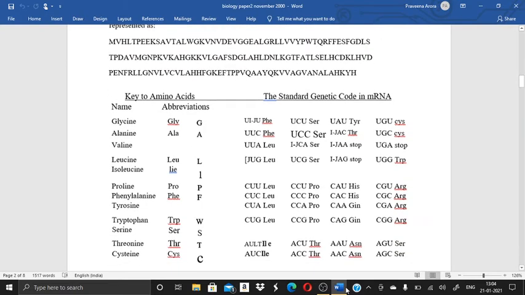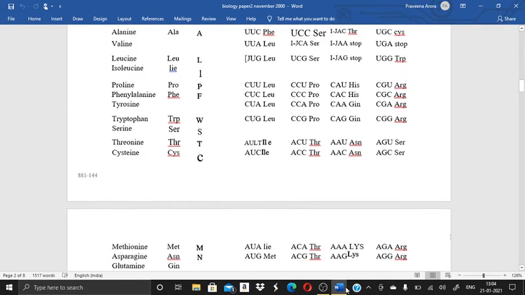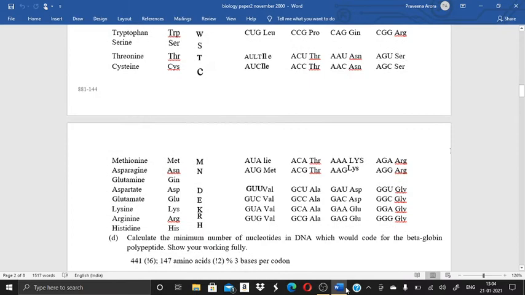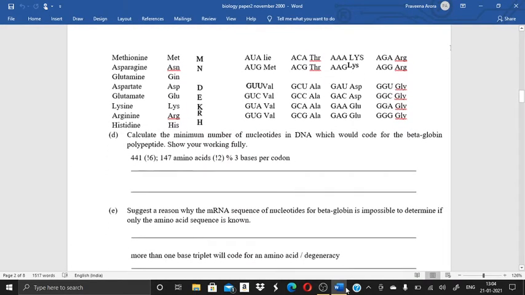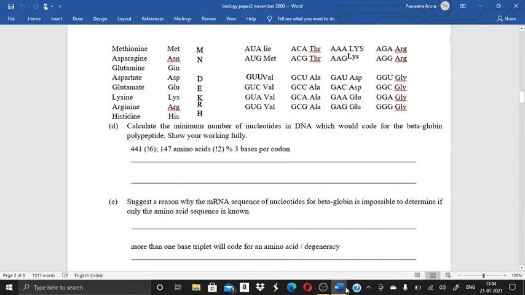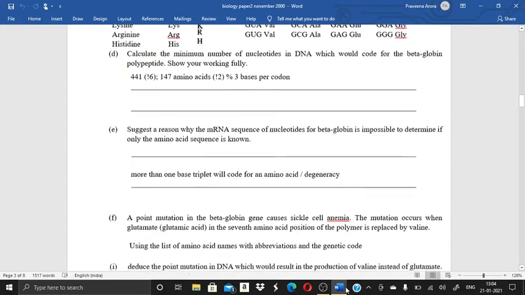You can just see to it. On basis of this, they have asked, calculate the minimum number of nucleotides in DNA which would code for the beta globin polypeptide. So I have given you the answer over here.